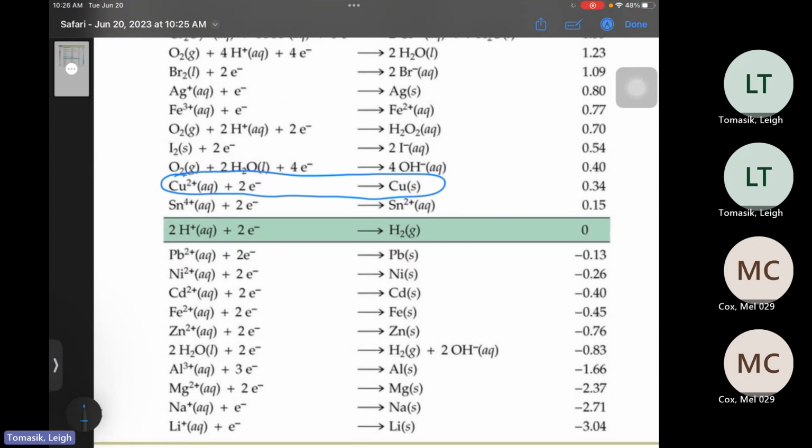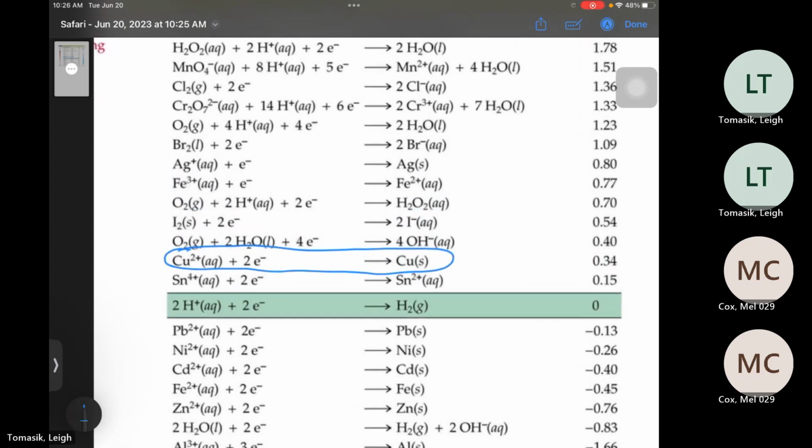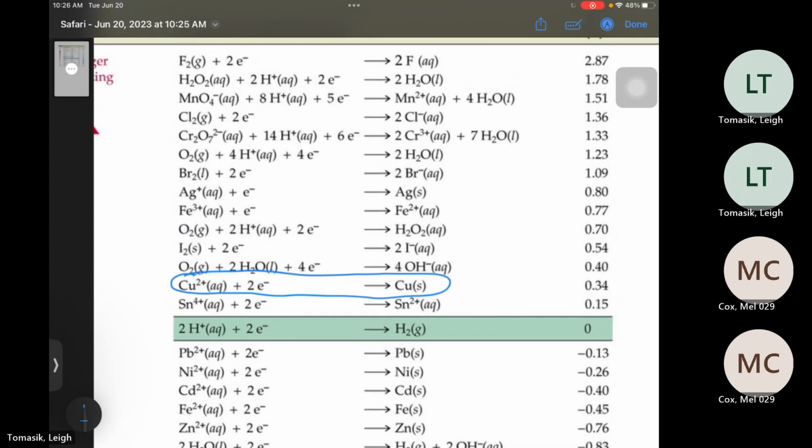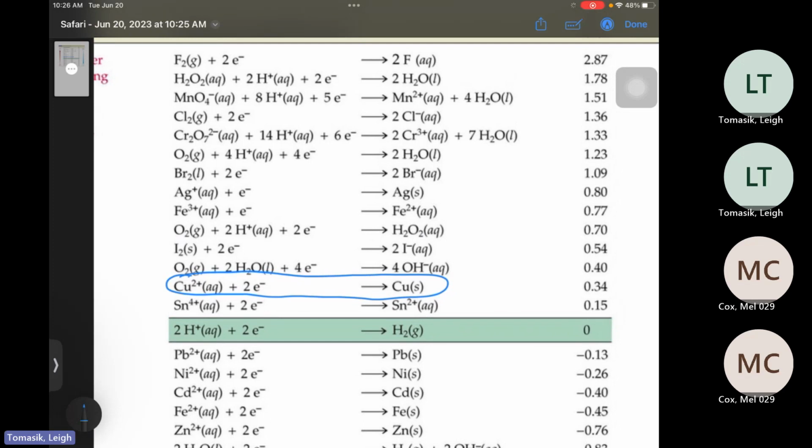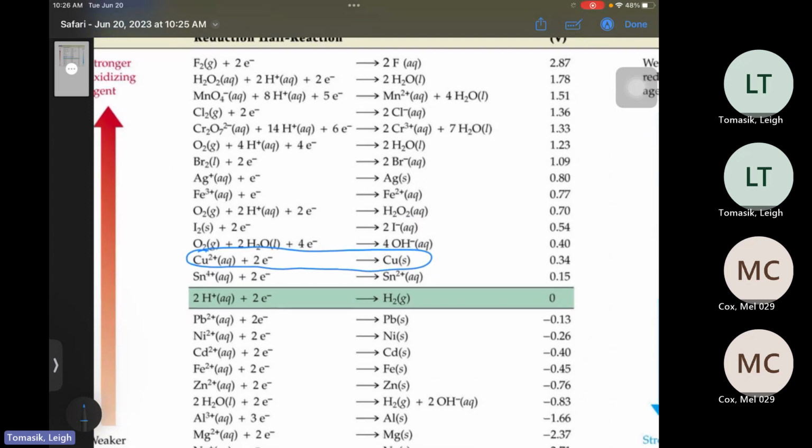That's not good. I don't see it. I see tin 2 plus to tin 4 plus, but I don't see tin to tin 2 plus.